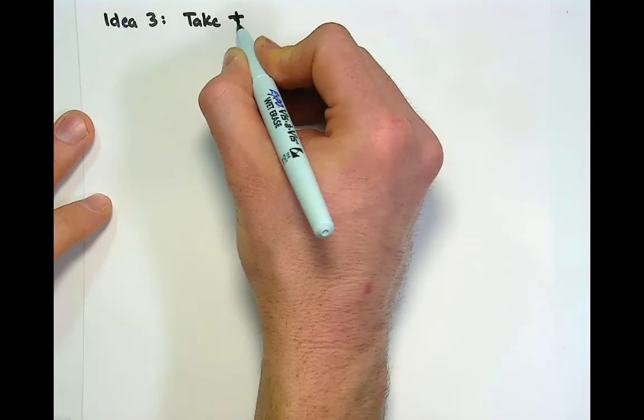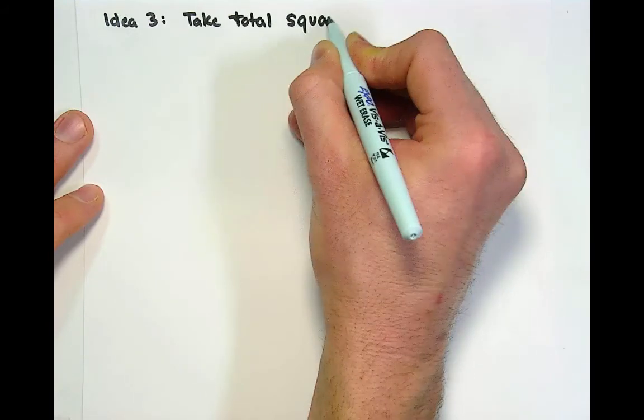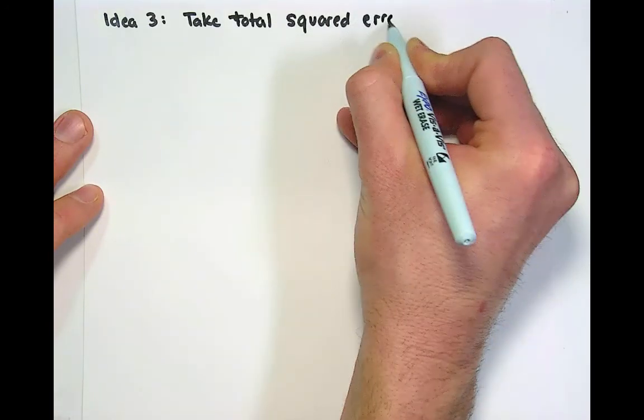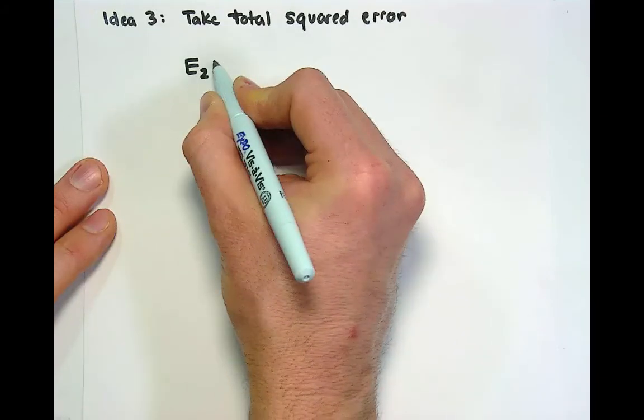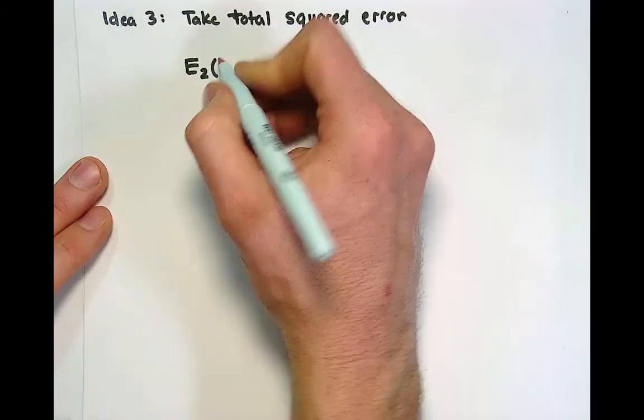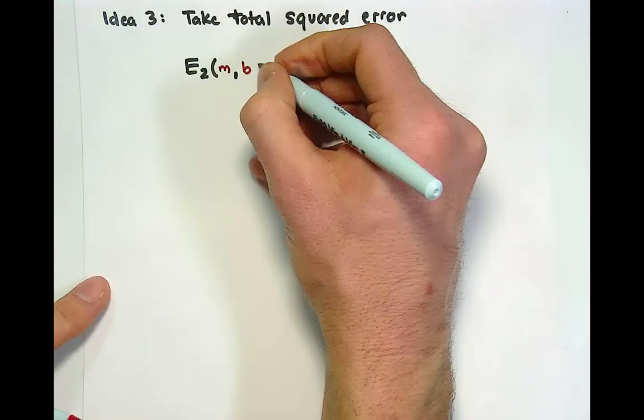Take the total squared error. And we're going to call this the total squared error, which is an L2.